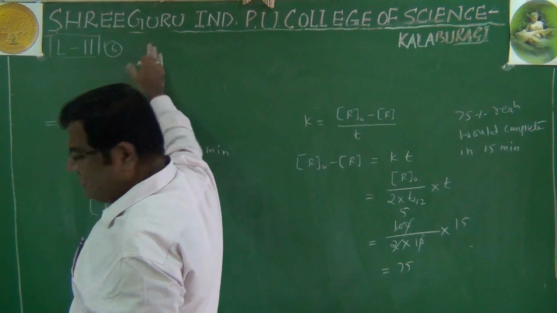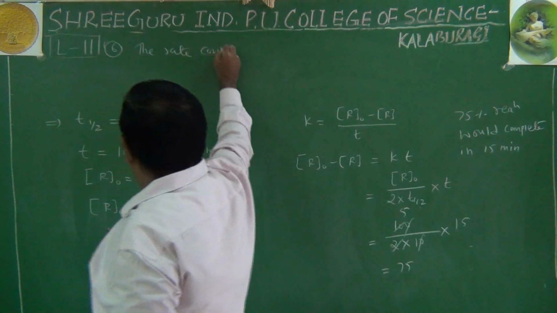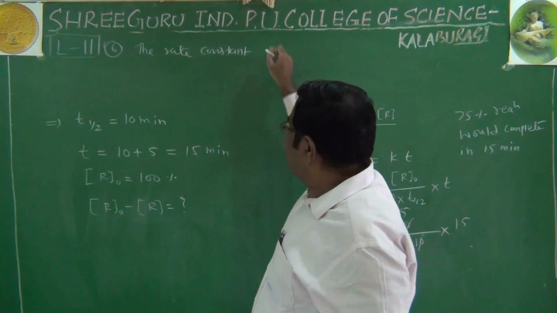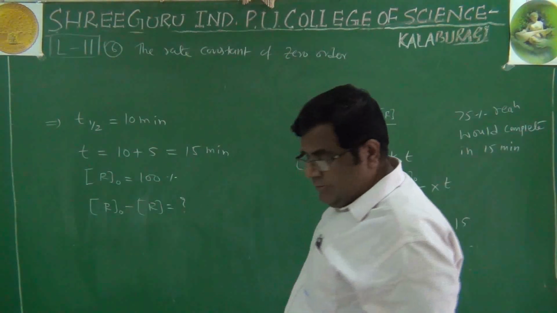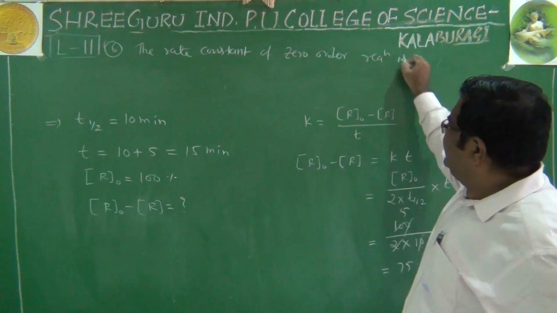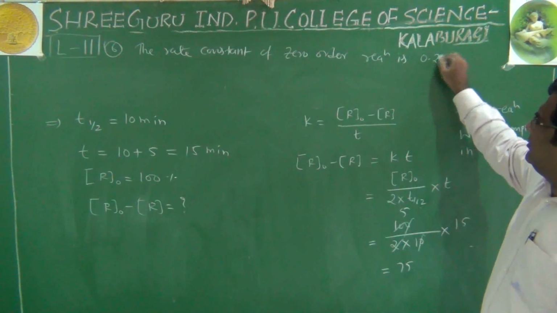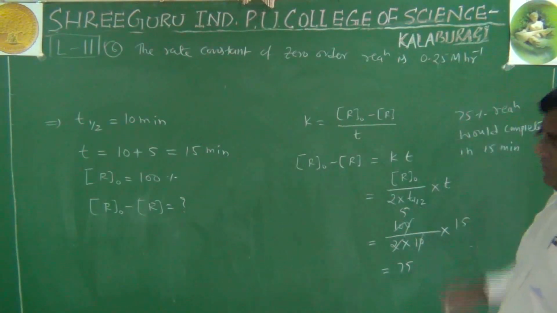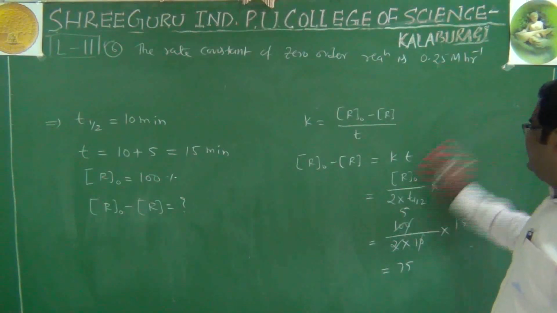So the rate constant of a zero order reaction is 0.25 mole per liter per hour. This is per hour. The unit of time here is hour.